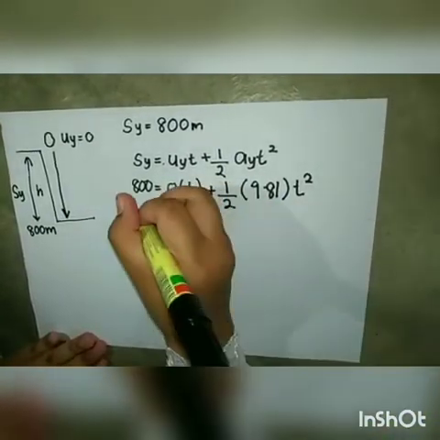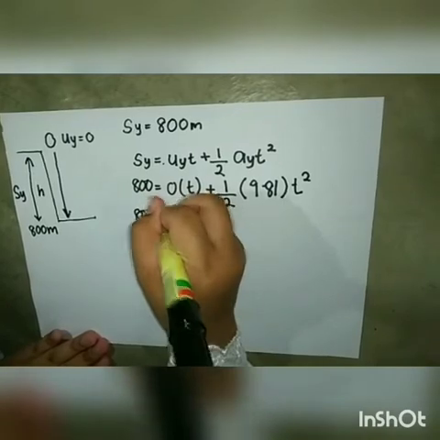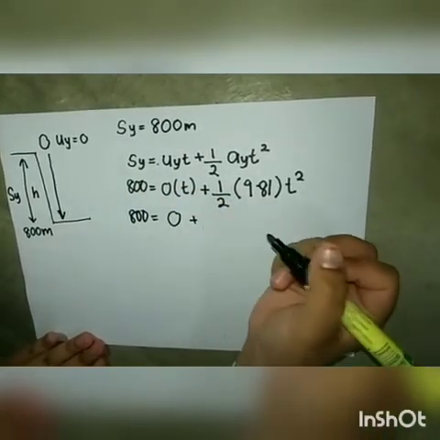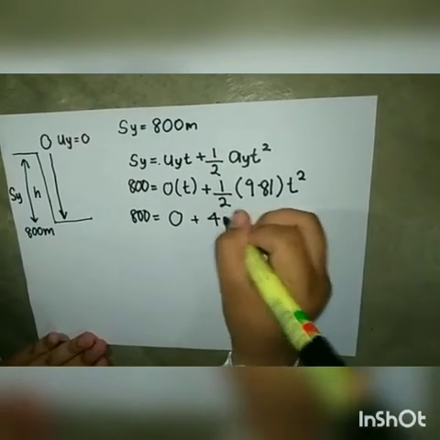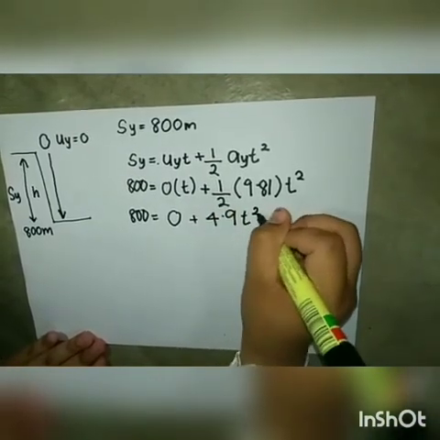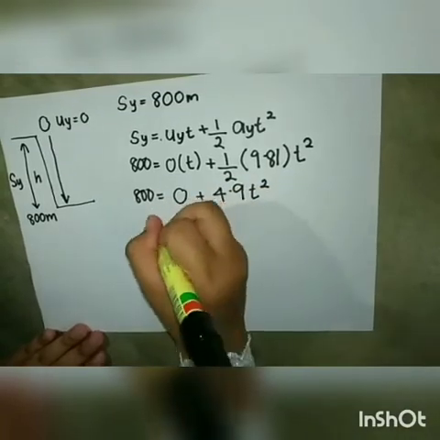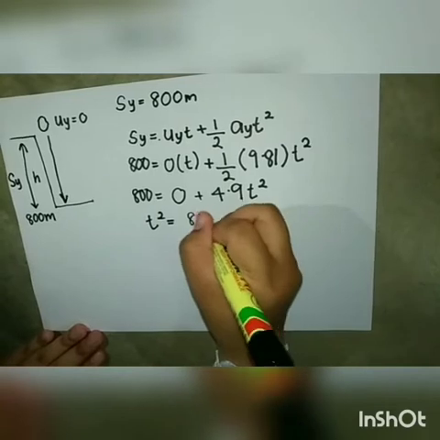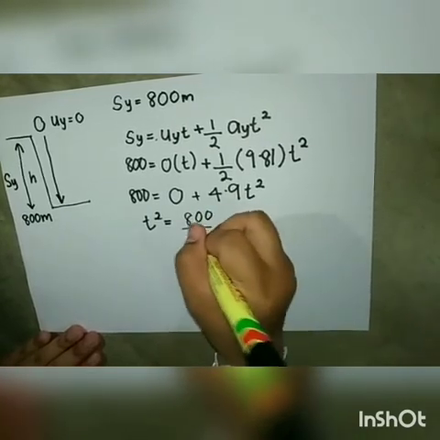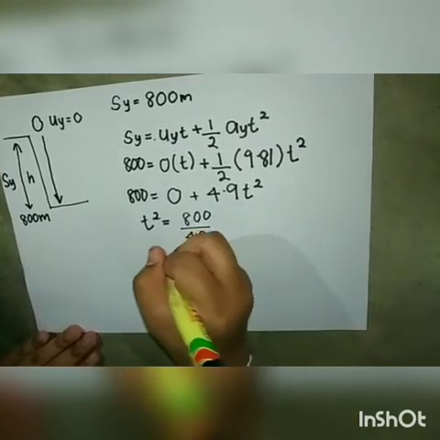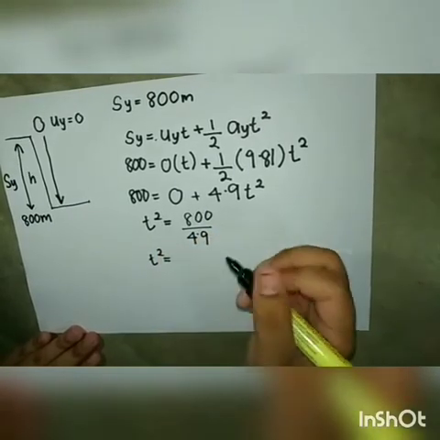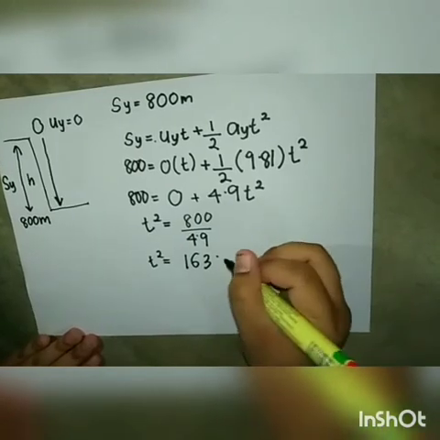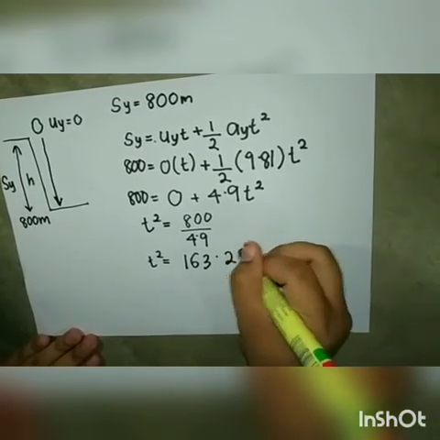So 800 equal to 0 times t, which is 0, plus 4.9 t square. So t square equal to 800 divided by 4.9. t square equal to 163.26.